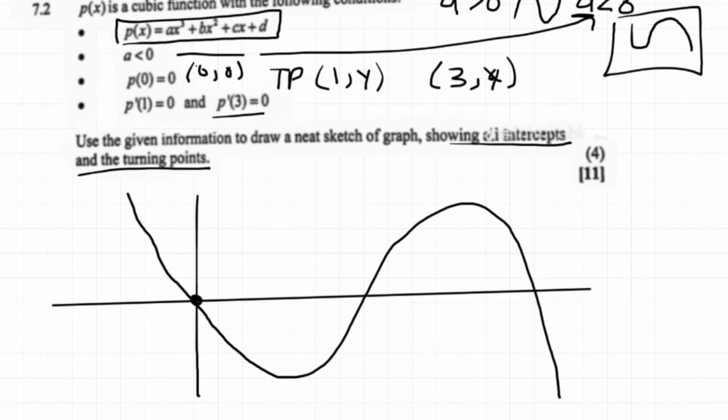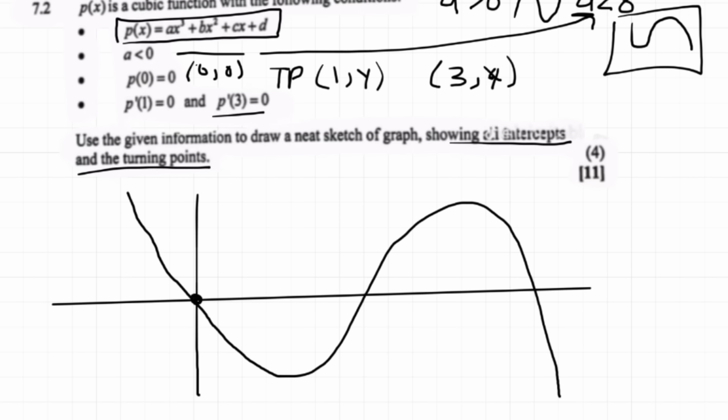So the turning point here is going to be 1, but the y value we don't know. We know the x value only. And then this one is going to be 3 here, so 3 and y over there. So yeah, perfect. This is 0 and 0 if we want to mention it for them.